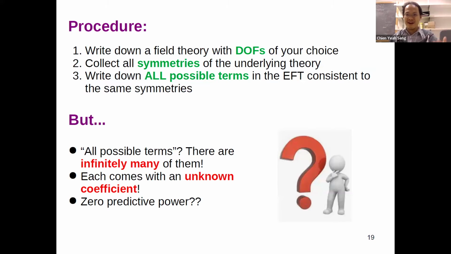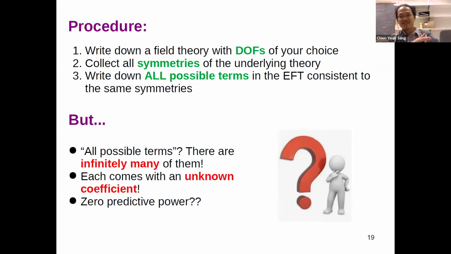But this seems to be a very general statement, so now the question is, how practical is this statement? In particular, you just heard me say that you have to write down all the terms consistent with the required symmetry. All here obviously means there can be infinitely many such terms, and each term can carry an unknown coefficient.